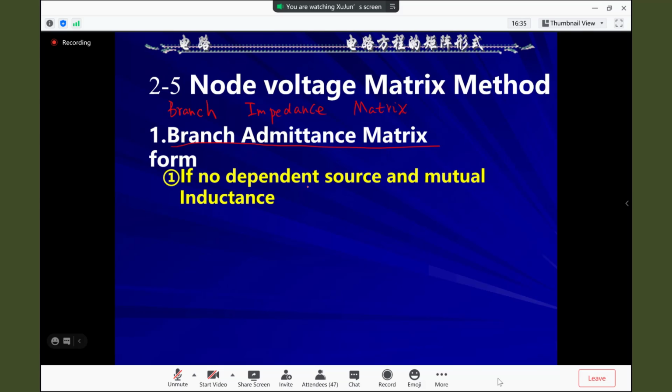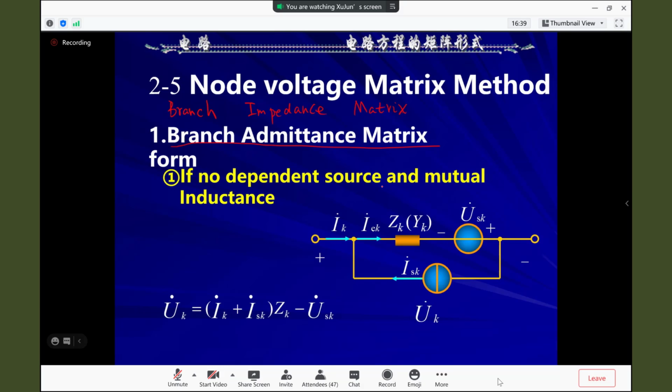If there's no dependent source and no mutual inductance, we can use the current to express the voltage, so it will be Zk. We can inverse this function and use voltage to express current. Ik equal to Yk Uk minus Yk Usk.